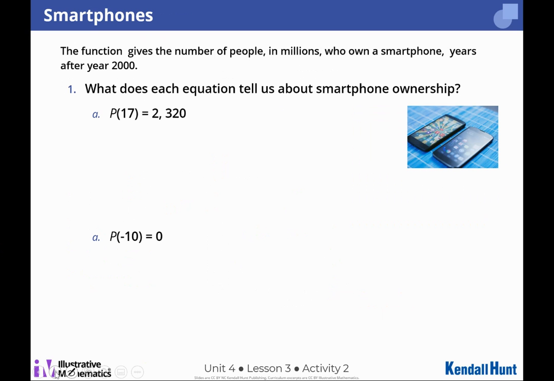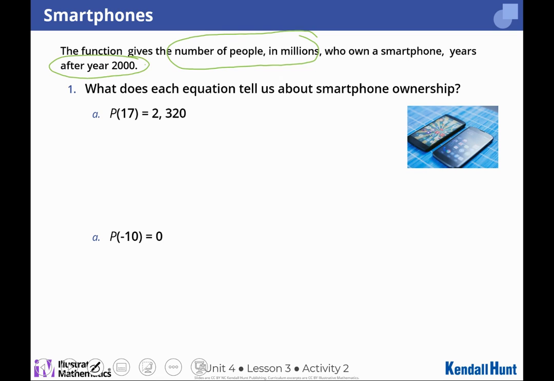All right. So then we moved into a story problem about smartphones. What's important to note in this story problem is that the function represents the number of people, so it's the number of people in millions who own a smartphone years after 2000.